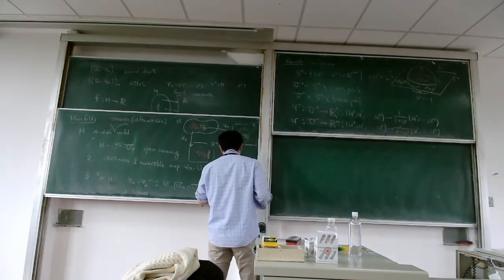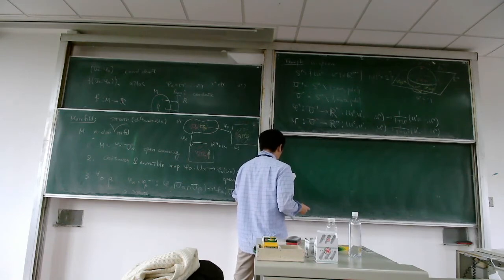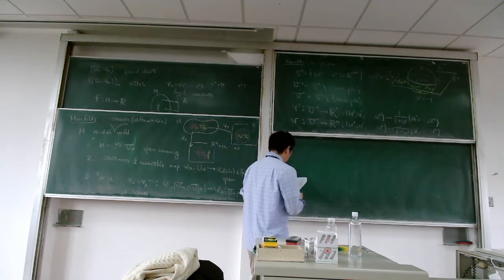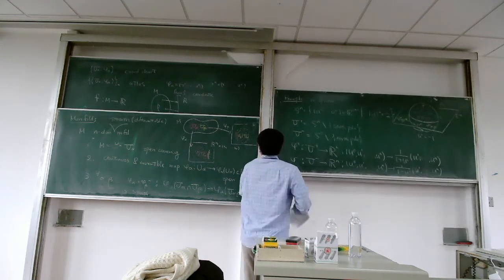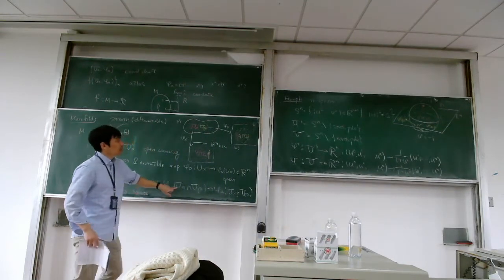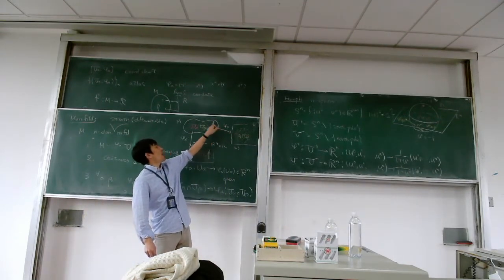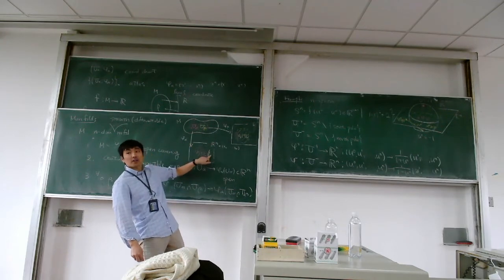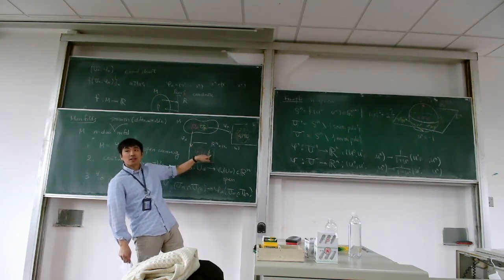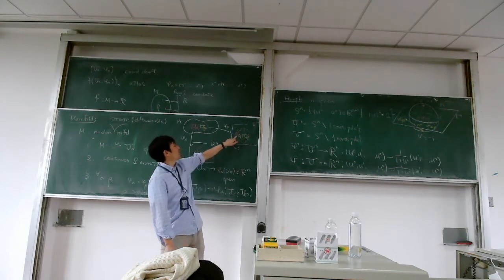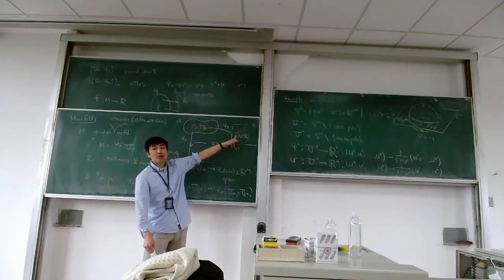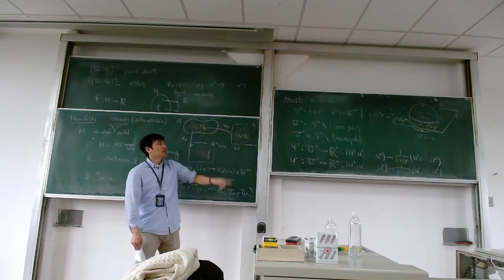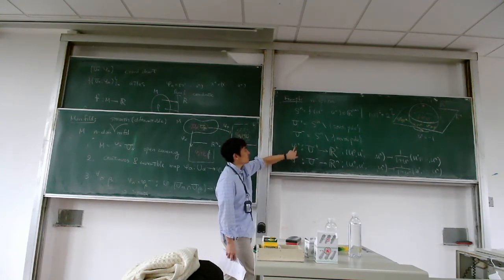So we need to understand the map going from here and going back to this point. To understand this map, we need to understand the inverse map, phi beta inverse. So now we need to understand the inverse of this map.